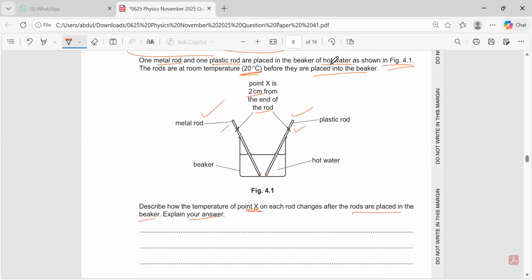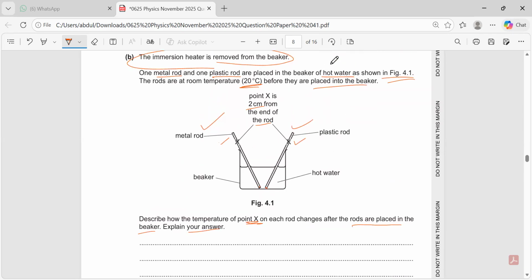So first of all, both are rods, solids. And we know in solids, heat is majorly transferred by conduction. And also the metal rod has free electrons. They move through the metal to transfer the energy.